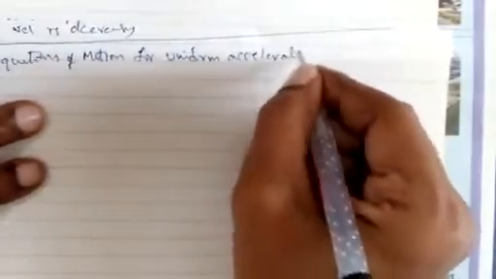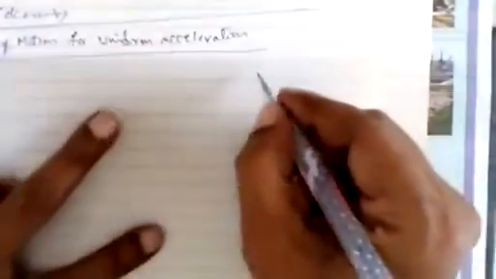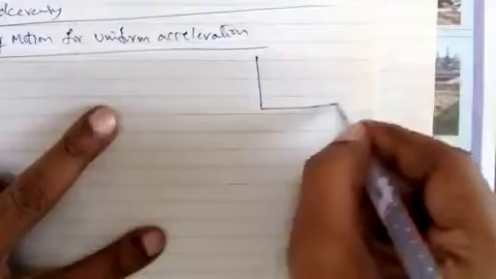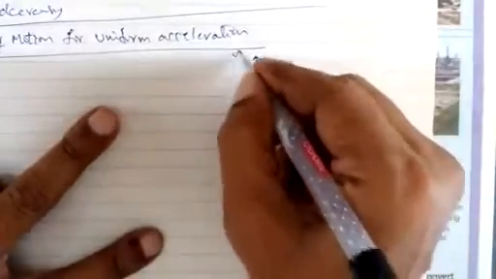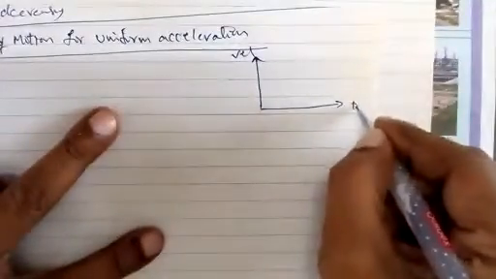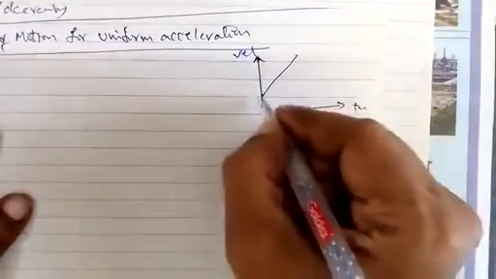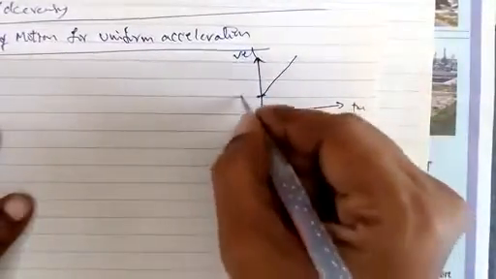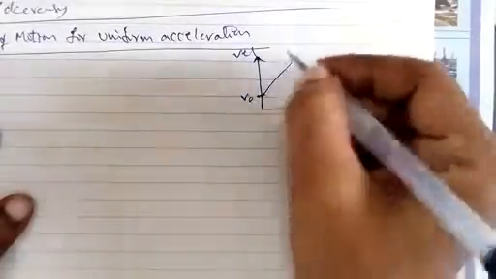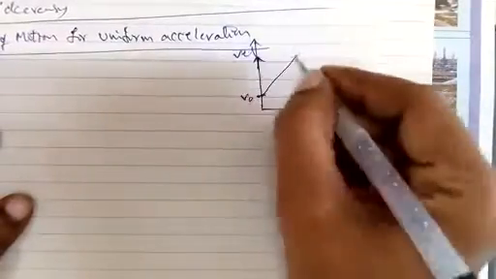The body is moving with uniform acceleration. I am taking velocity here, and this one is time. The graph starts like this, velocity is starting here. This velocity I am calling initial velocity v0. After some time, this velocity is v.